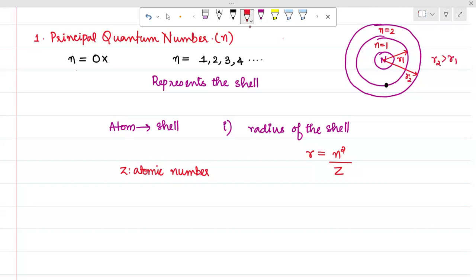So as your value of n increases, your radius also increases, correct? And the relation is what is represented over here as r is equal to n squared by Z, where Z is the atomic number. Okay, so this is one of the parameters that you get to know.